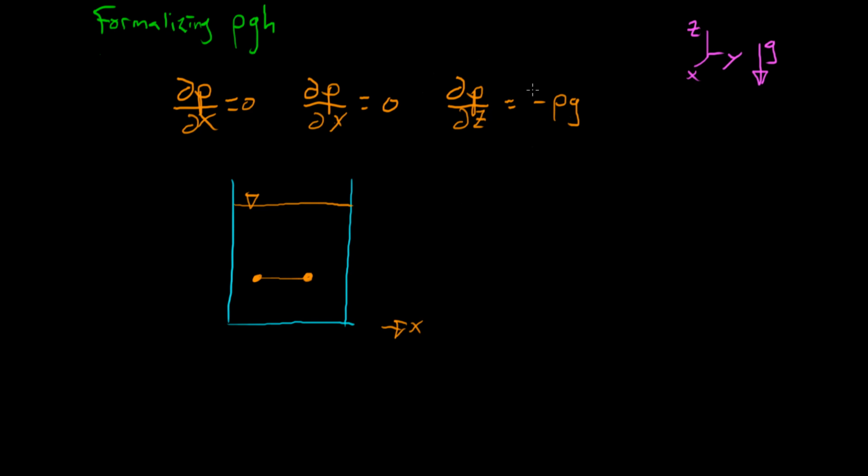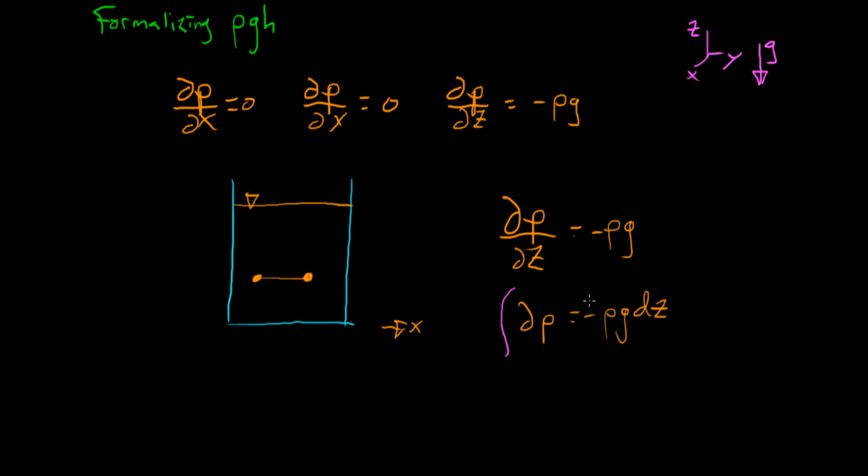In the z direction, though, we have dP dz is equal to minus rho g. And so what we could do is we could solve this real quick, right? We could write dP on the left, and we can multiply up by rho g, so we get minus rho g dz.